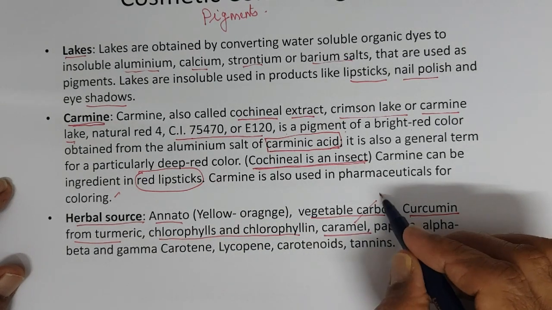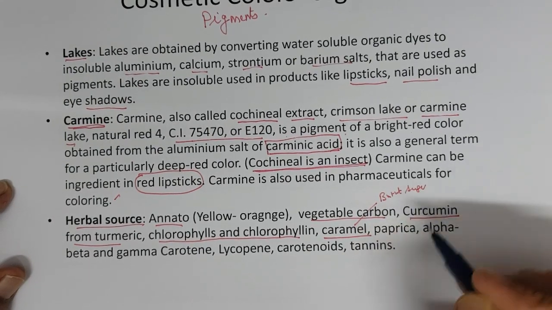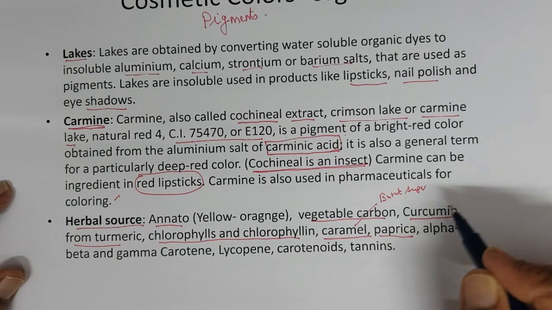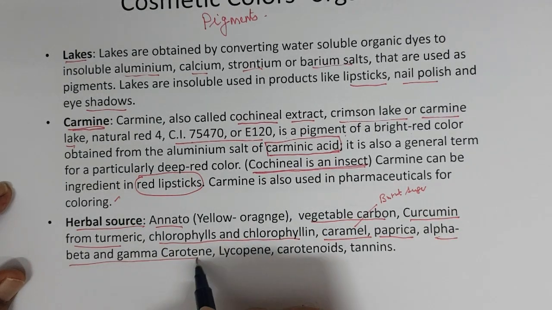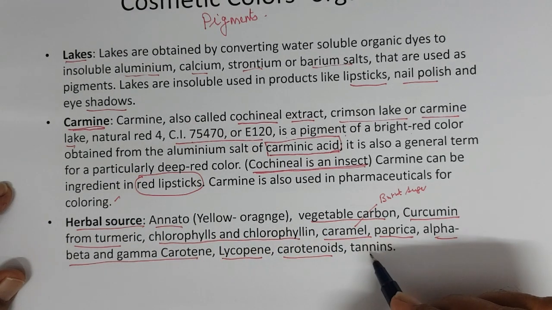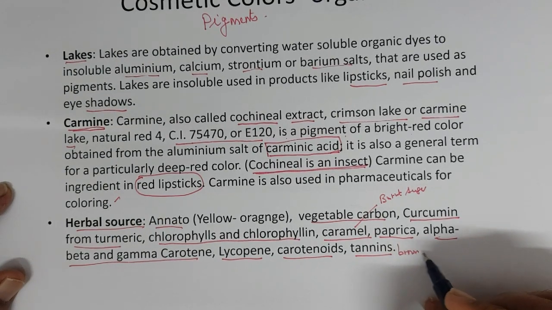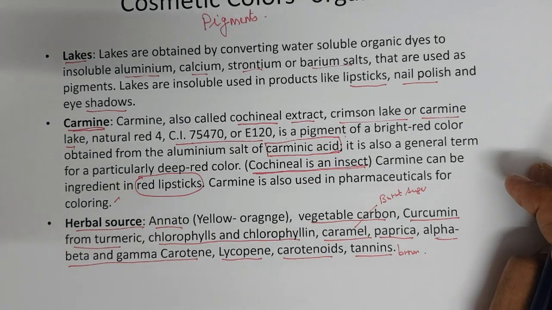Caramel is burnt sugar, brown color. Paprika, red color. Alpha, beta and gamma carotenes, orange color. Lycopene, carotenoids, tannins, brown color. So these are some of the examples of herbal colors.